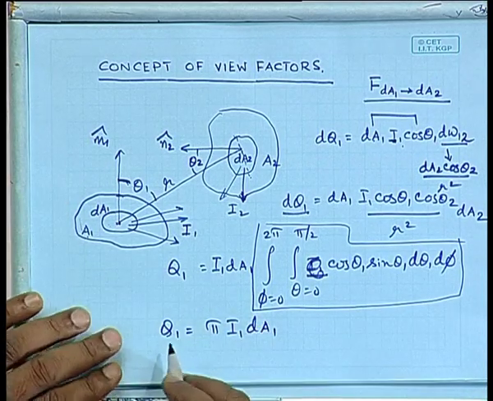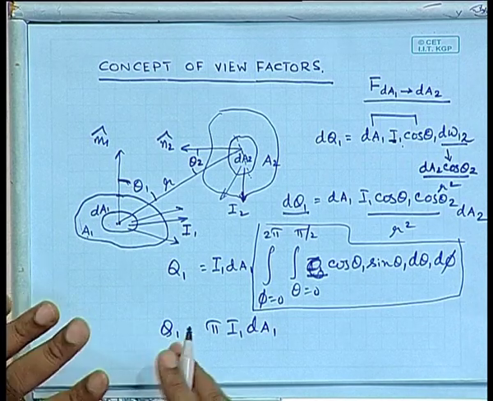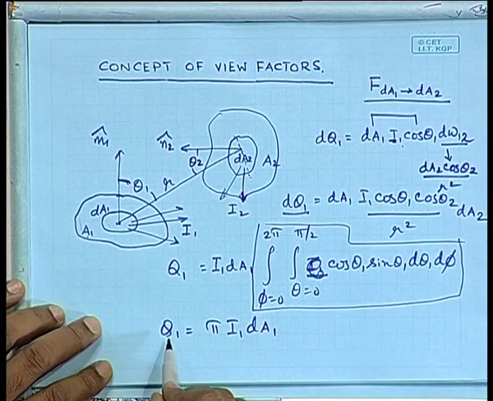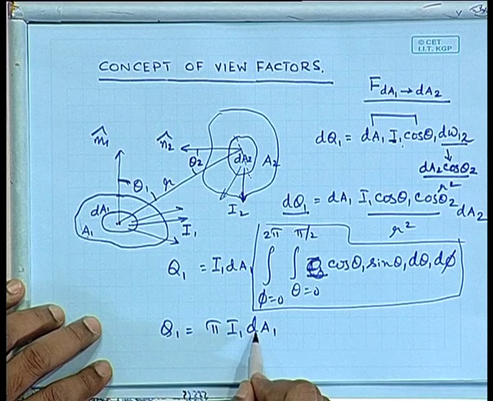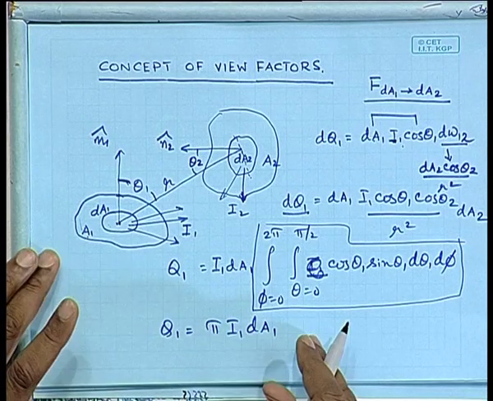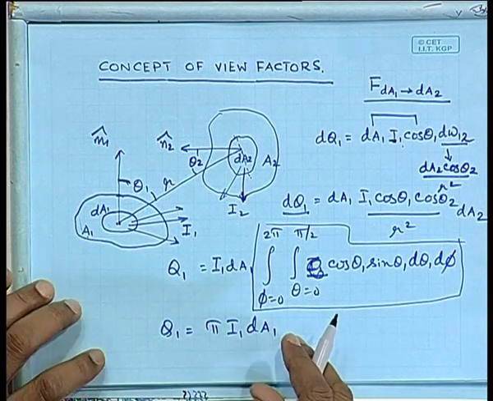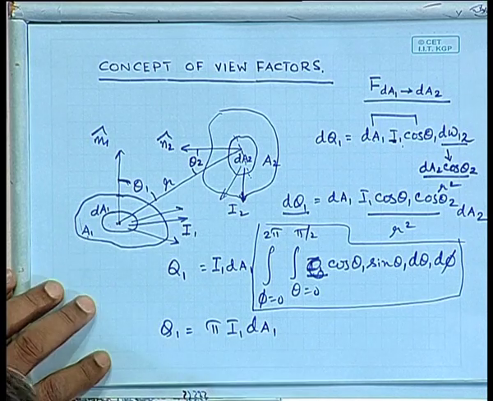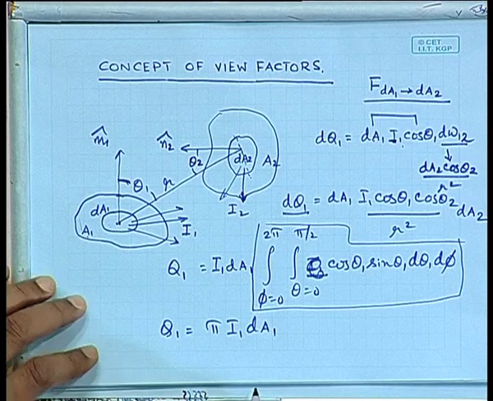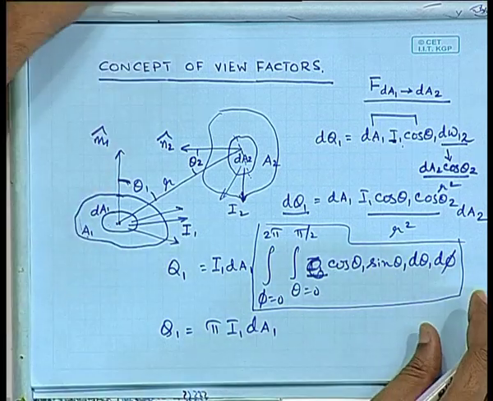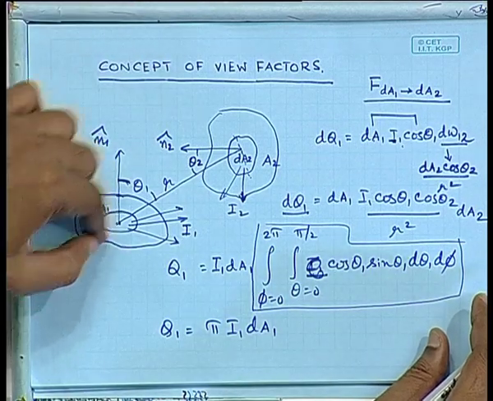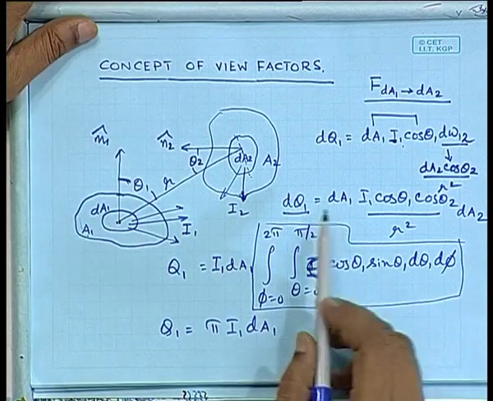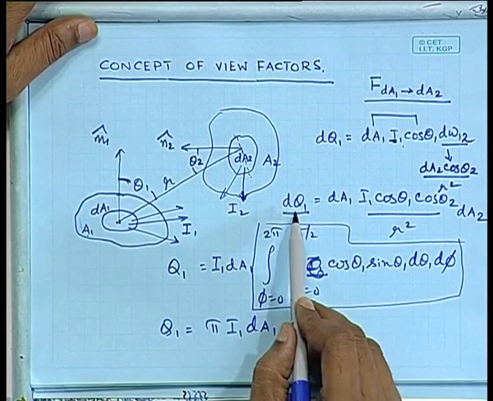I would emphasize the significance of q1. It's the total amount of energy emitted by dA1 into a hemispherical space around it when its intensity is equal to I1. So, if I have to find out the view factor between dA1 and dA2, I simply have to divide dq1 by q1.